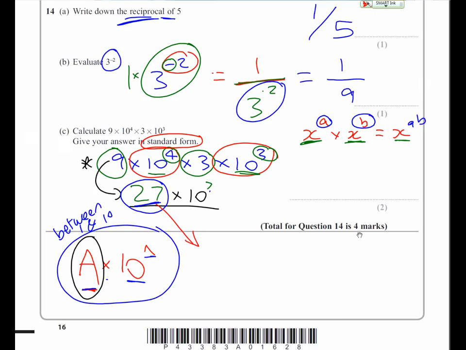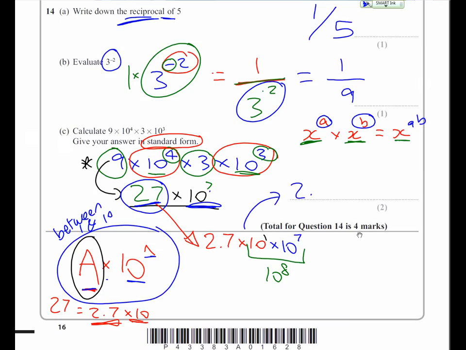We can't change our number completely, but we can think, hold up, 27, well that's 2.7 times 10. So we're using the same digits and this little times 10 trick. So it's 2.7 times 10. Don't forget this guy on the end, 10 to the power of 7. Well, 10 on its own is 10 to the power of 1. And what did we do before? We added the powers. So that's 10 to the power of 8. So our final answer in standard form is 2.7 times 10 to the power of 8.